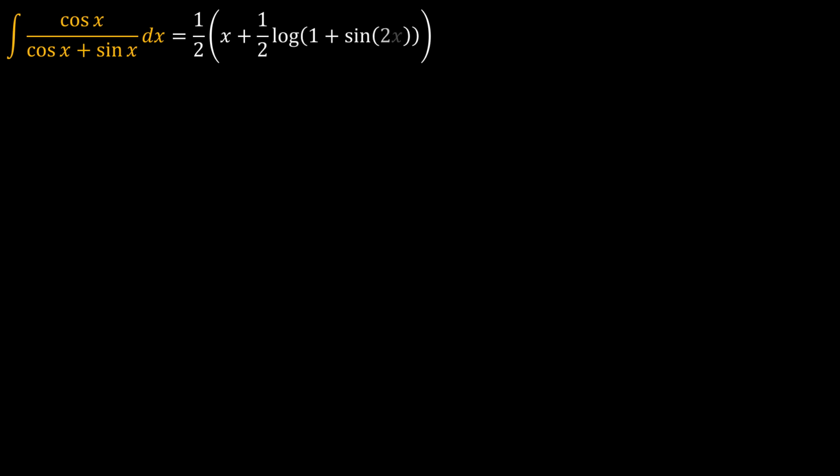You can go further and say, well, the integral of cosine x over cosine x plus sine x is equal to half x plus half natural logarithm of 1 plus sine 2x plus integration constant.